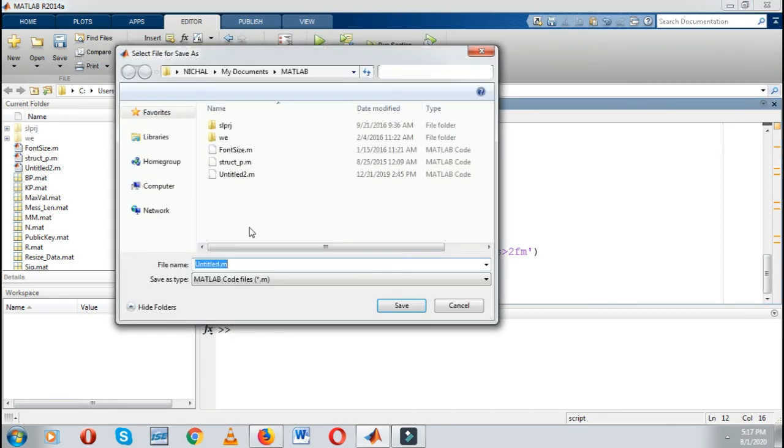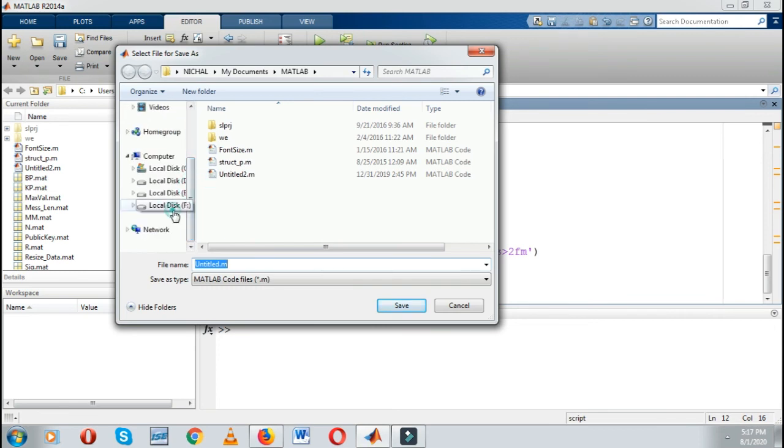Just go to the run option, click on run and save this program.